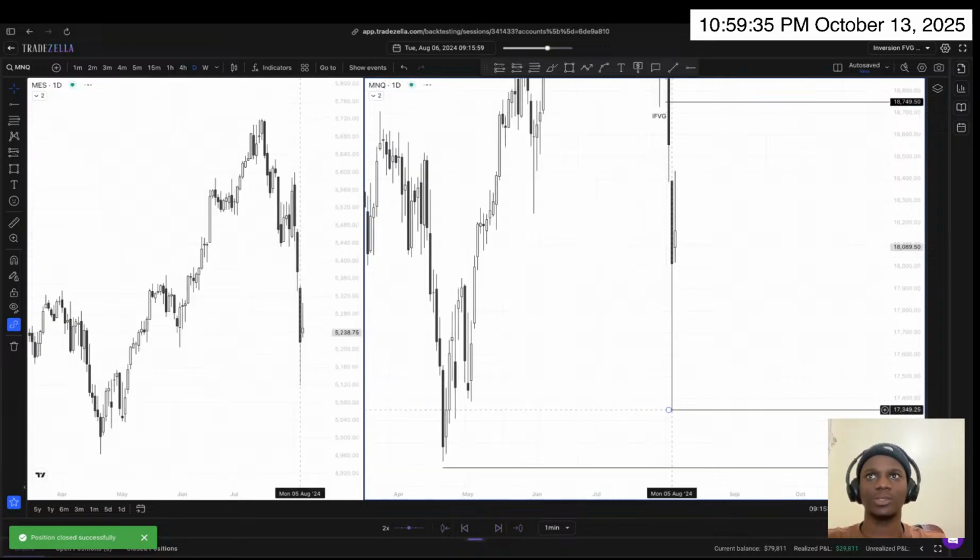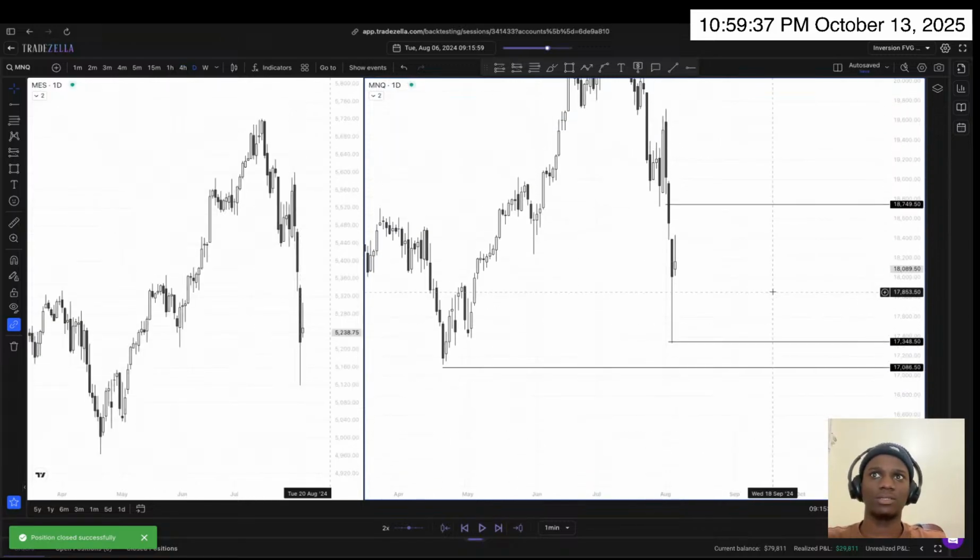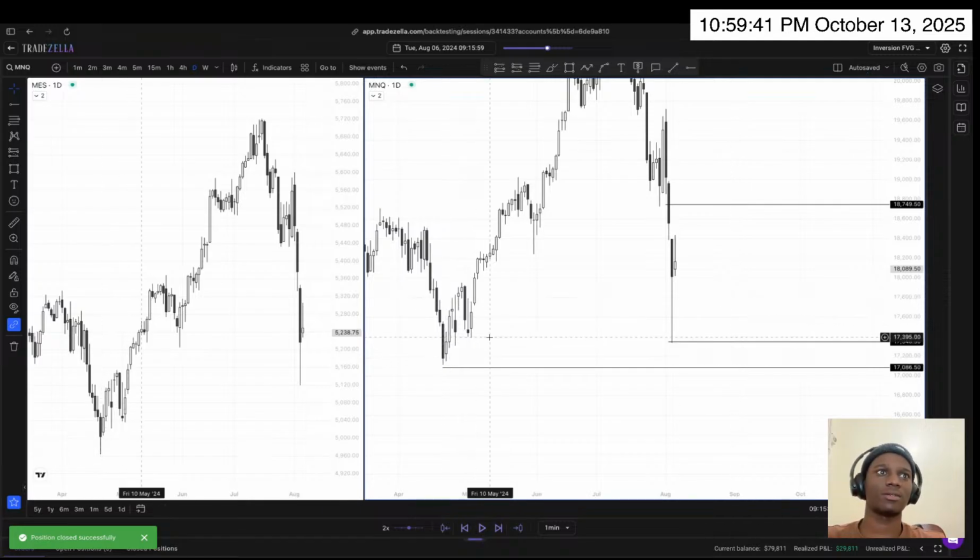Closest forward, I'm going to check the daily. It's looking bearish, except if it flips.